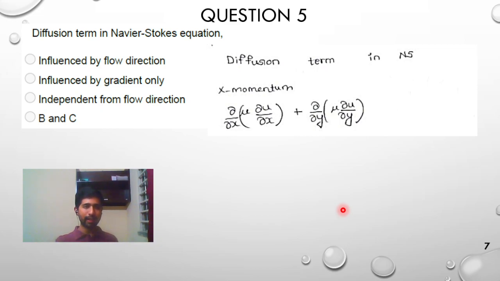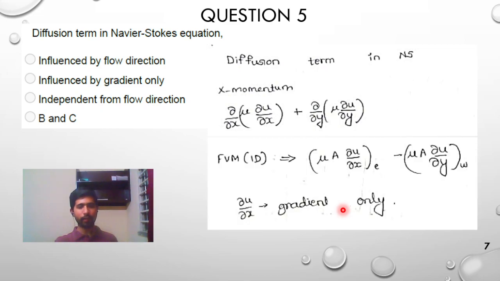So it is independent from the flow direction. This I have written for x momentum in your Navier-Stokes. You just get dou by dou x of mu dou u by dou x plus dou by dou y of mu dou u by dou y for 2D. So you don't have any velocity terms here. So it is independent from flow magnitude and direction. It is influenced only by the gradient of velocity here. So B and C should be the correct answer.